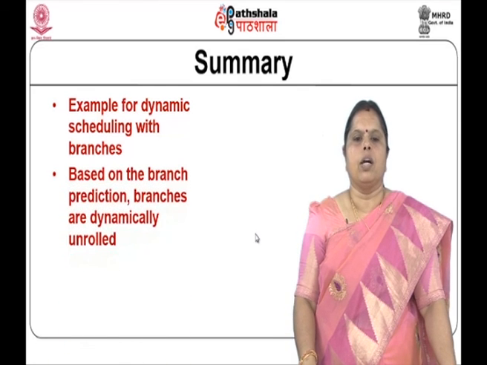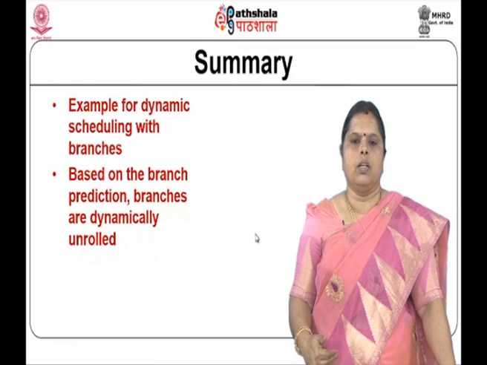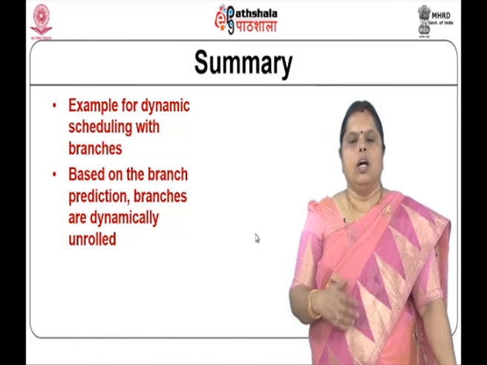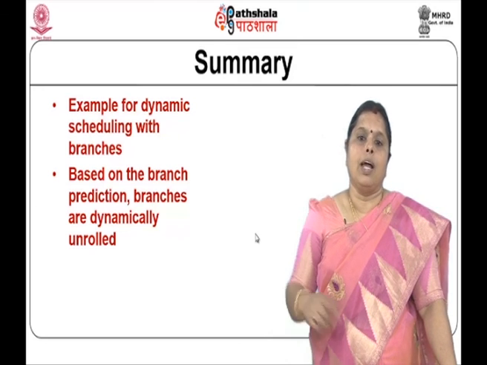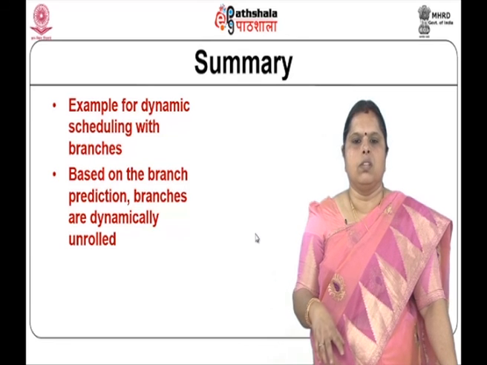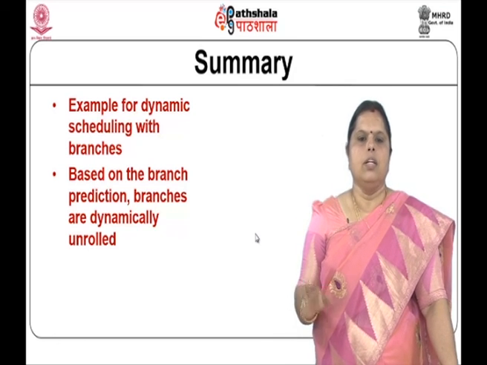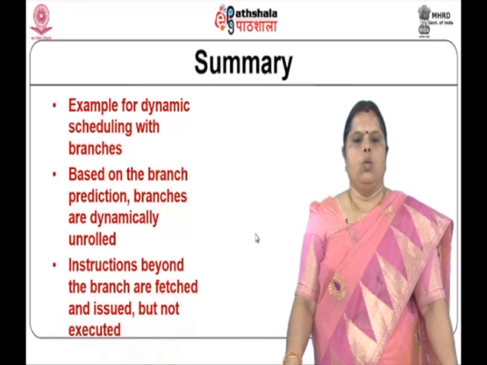We observed how the branch predictor is used, and because of its outcome you do a dynamic unrolling of the loop, and different iterations of the loop can be completely overlapped because of the dynamic unrolling and the register renaming process. Even though you have the same registers for all the different iterations, the renaming process maps them onto different reservation station entries, and that is how you are able to overlap different iterations of the loop.